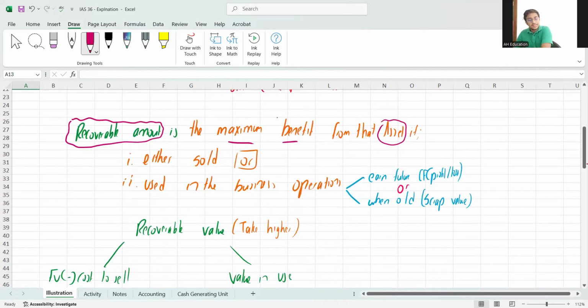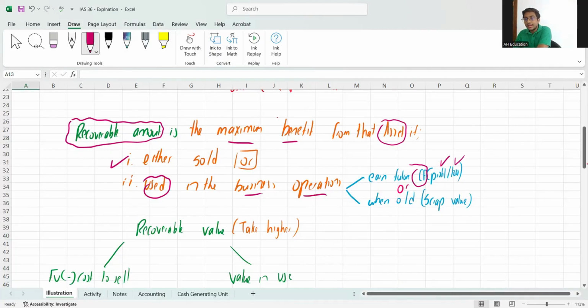I could either sell it to a third party and in exchange I could get cash. So cash is the maximum benefit that I could get. Or the maximum benefit can be generated by using it in my business operations daily. If I use my motor vehicles in my business operations, it will help me transport my goods and services to my end customers, who will give me future cash flows, which is your future profits or future losses.